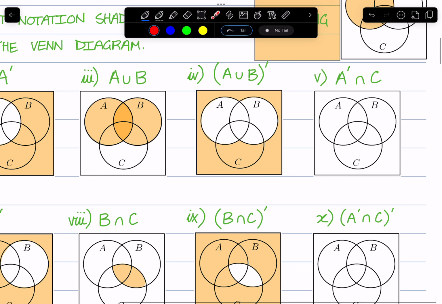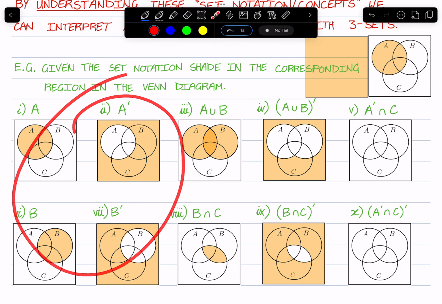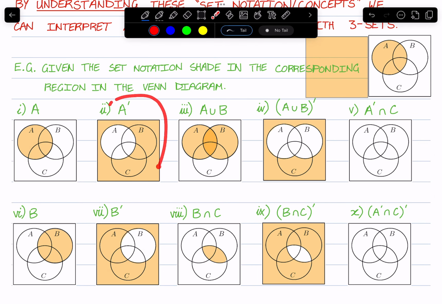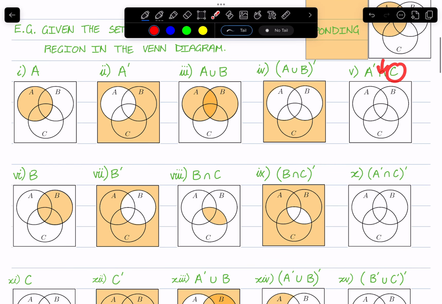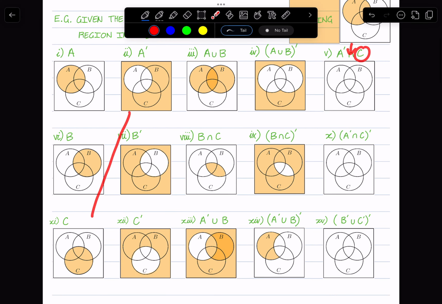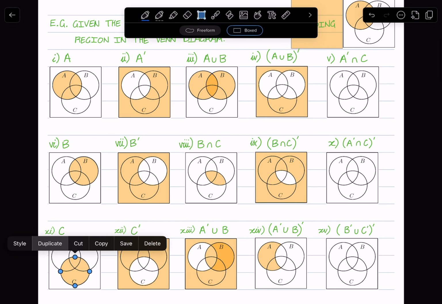Well, let's consider now, because we have all the basic ones here, not A intersect C. So look at these two graphs here and consider what is the same in both.